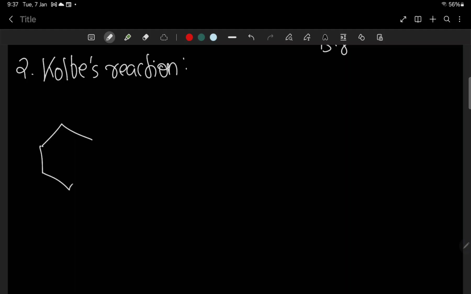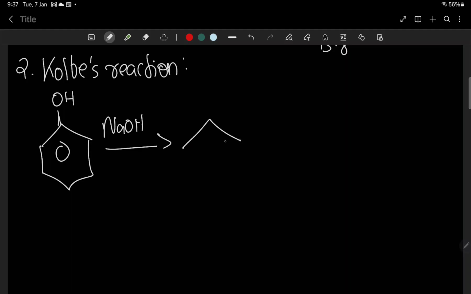Now next is an important named reaction, that is Kolbe's reaction. Take phenol, add NaOH and carbon dioxide. Kolbe's reaction is used for the preparation of salicylic acid. NaOH gives sodium phenoxide, ONa.